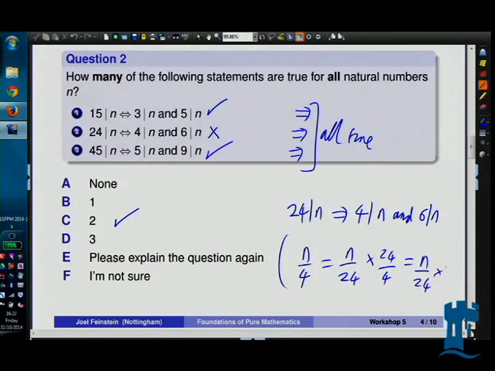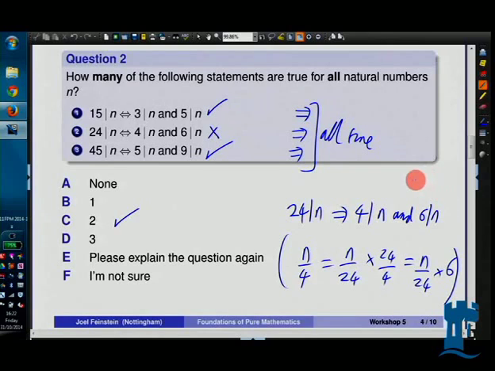So if n over 24 is an integer, then n over 24 times 6 is still an integer. So that's one way of seeing it, among many others. So that shows that if 24 goes into n, then so does 4, and of course so does 6.